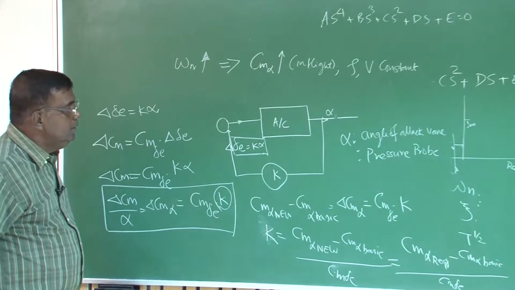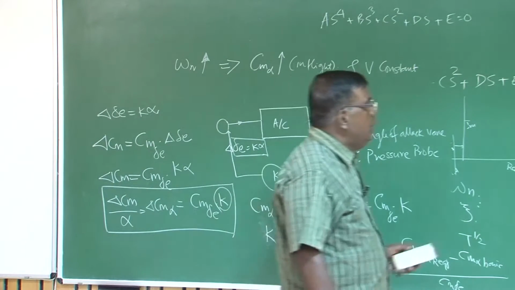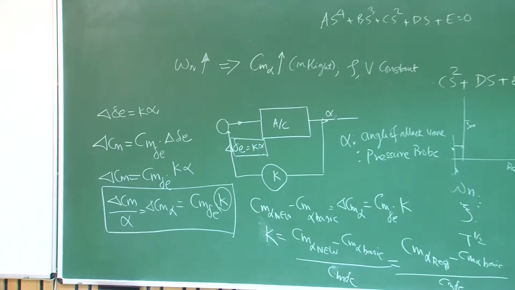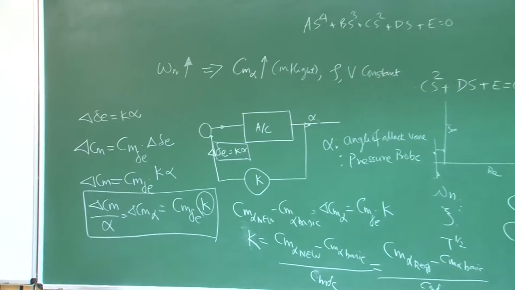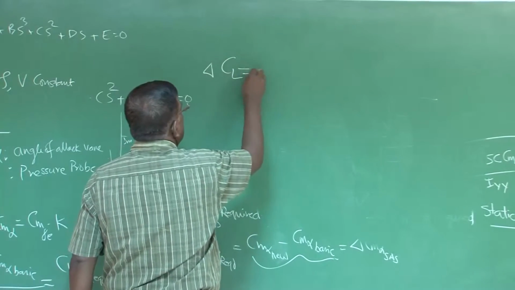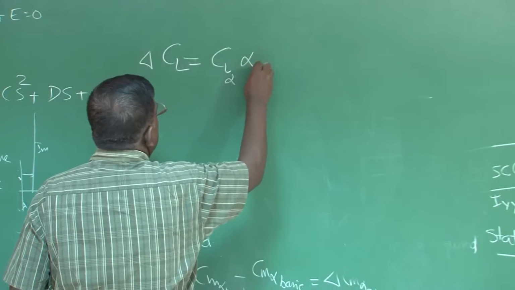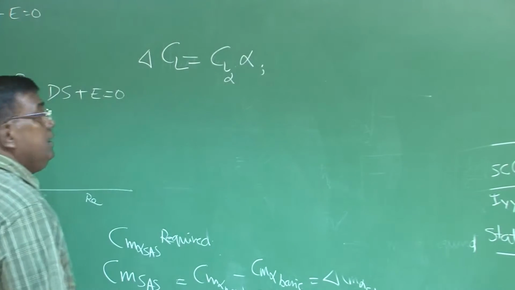This is one. Then you have to also see that by doing this, whether any other parameters are changing or not, especially aerodynamic parameters. Now you could see that there will be a change in CL also, because CL alpha is given by CL alpha into alpha, the additional CL.